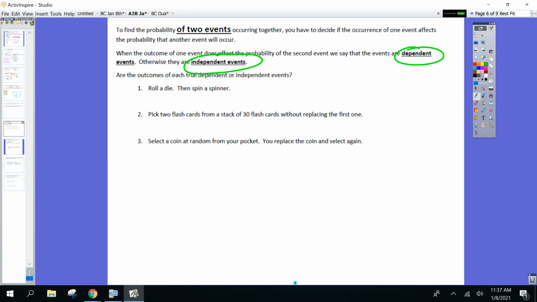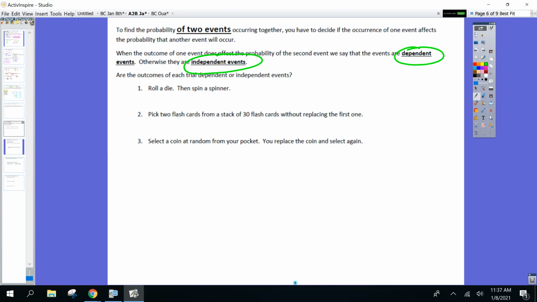Instead of explaining the difference between dependent and independent, I'd rather go right to a problem. Number one, we did two things. We rolled a die, then spun a spinner. Are these dependent or independent? When I roll the die, does that have any effect on my outcome on the spinner?